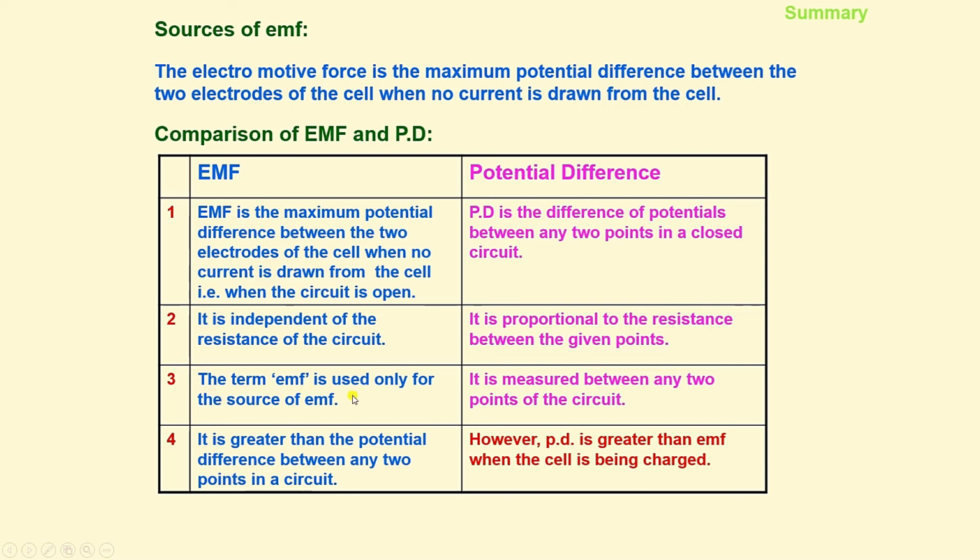The term EMF is used only for the source of EMF, and potential difference is measured between any two points of the circuit. EMF is greater than the potential difference between any two points in the circuit, while the potential difference is greater than the EMF when the cell is being charged.